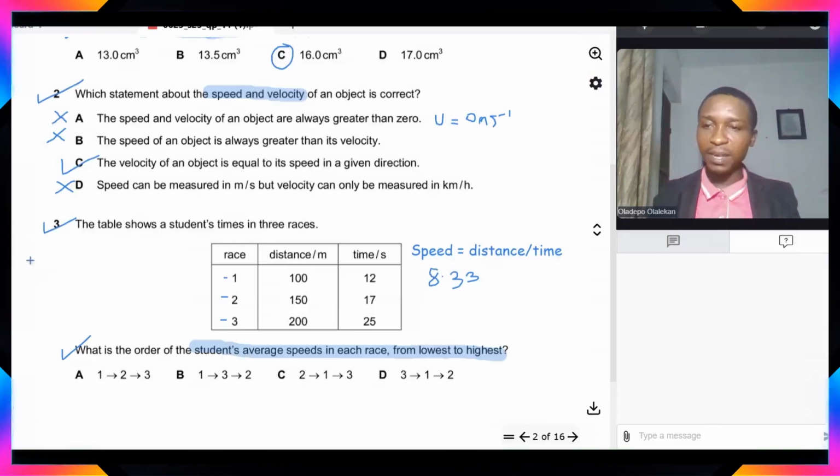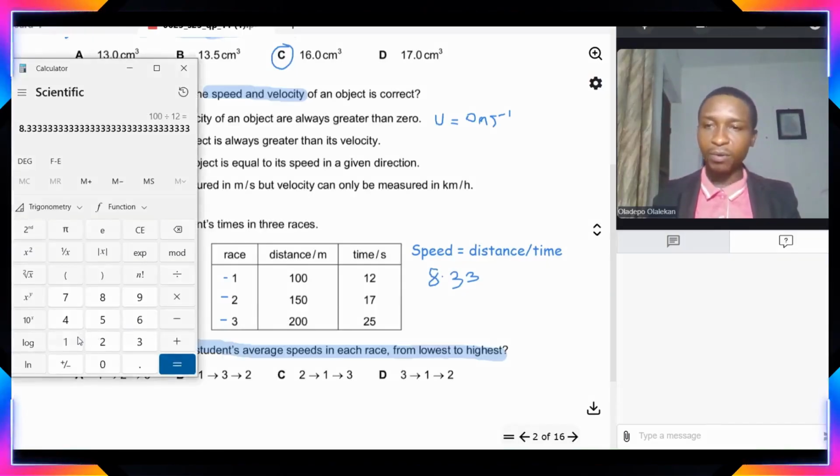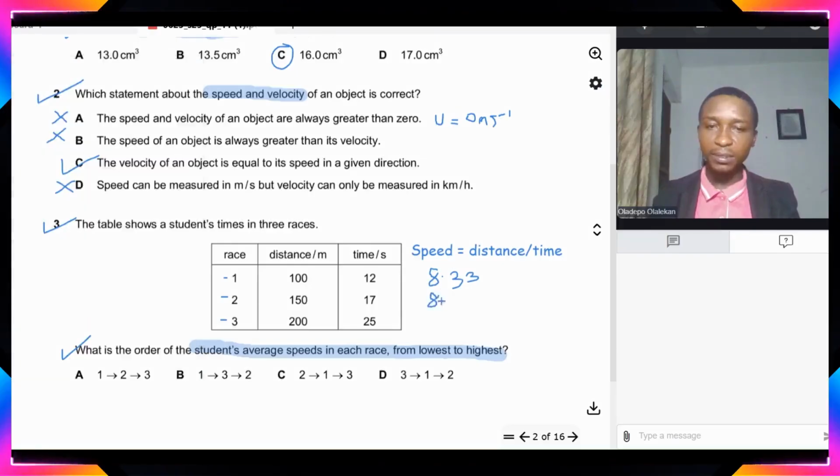For the second one, let's verify: we have 150 divided by 17. So for the second race, the speed is around 8.82 meters per second.